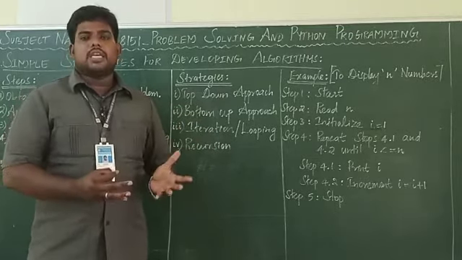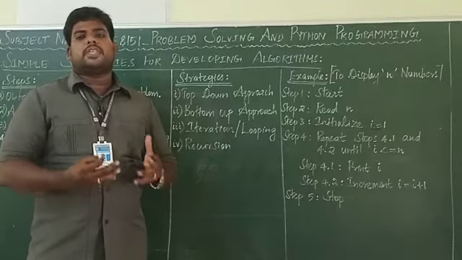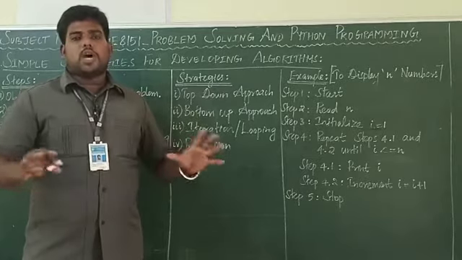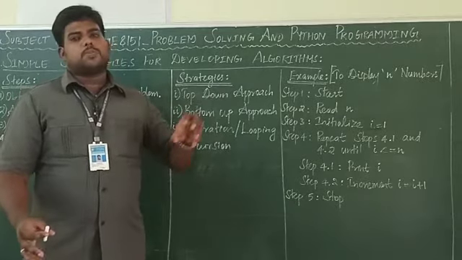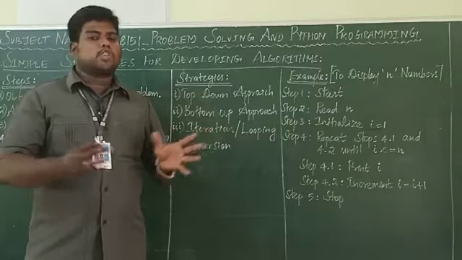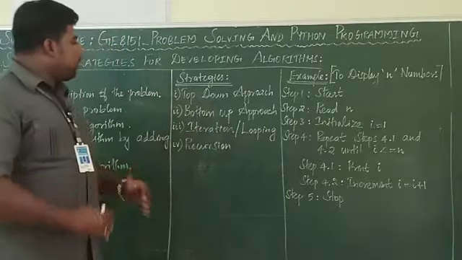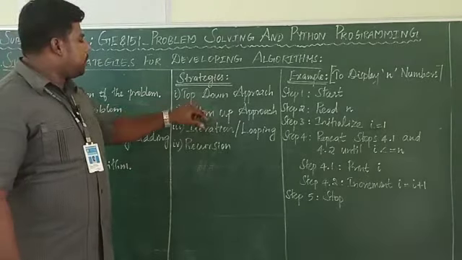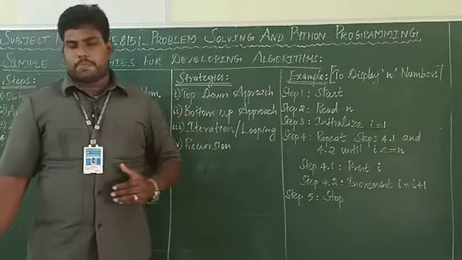For that reason, in programming they introduced the function, breaking the complex problem into small problems; the small problems are executed and the results obtained, then combined. Inside this modularization concept, these 2 approaches are there: one is the top-down approach, the second is the bottom-up approach.